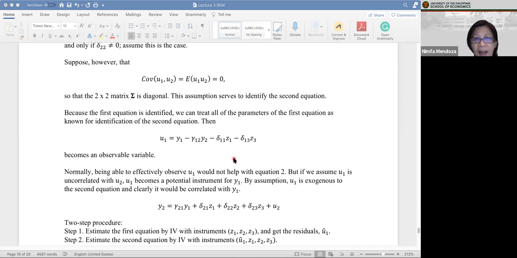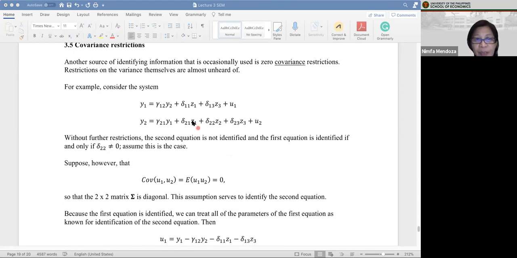Note that for the second equation, y sub 1 is the endogenous variable on the right-hand side, and we can use u sub 1 as an instrument for y sub 1. u sub 1 would be correlated with y sub 1, since u sub 1 affects y sub 1.